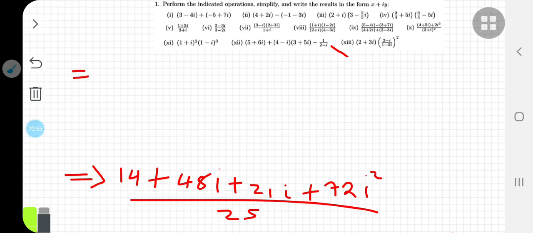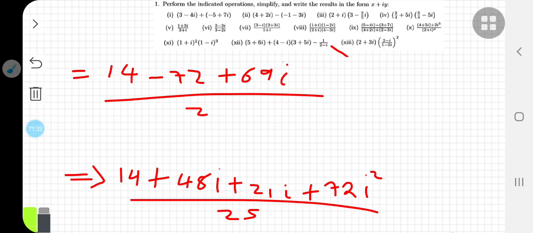So I'm going to have 14 minus 72. Then 48i plus 21i, we're going to have positive 69i over 25.